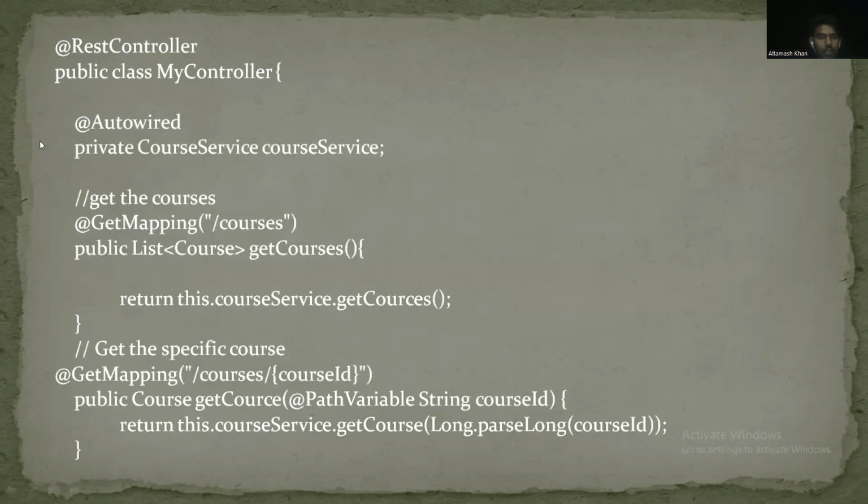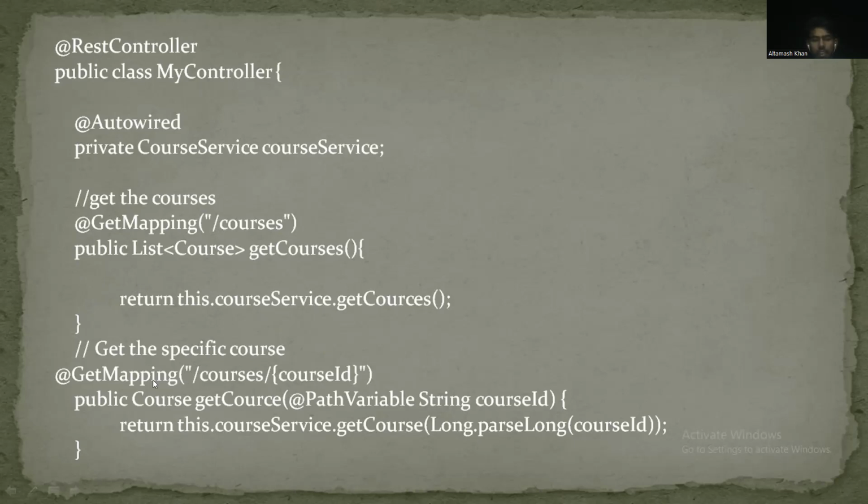Second, this is the class of my controller, and we have added a course service object. Here is a GET mapping; this annotation tells Spring that when we type slash courses in the URL, this function should run, and this function only returns the course service courses and nothing else.